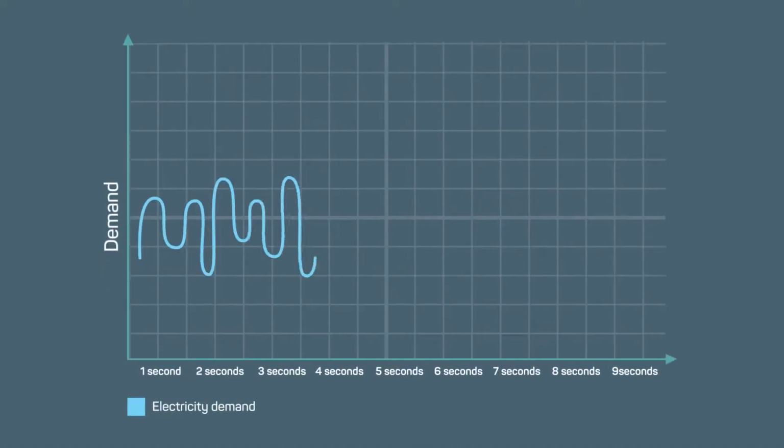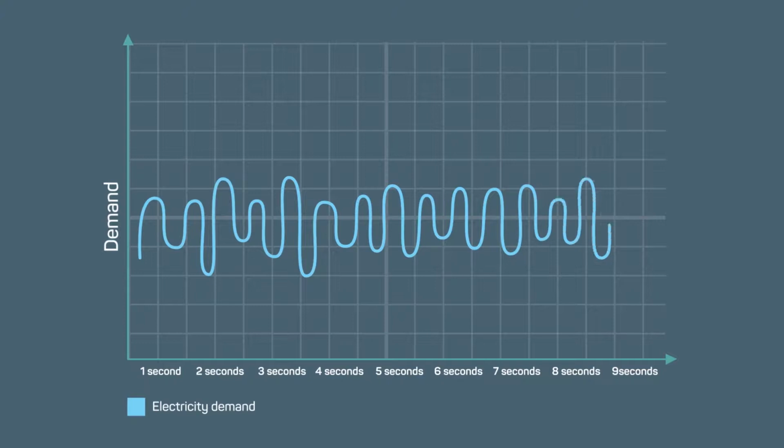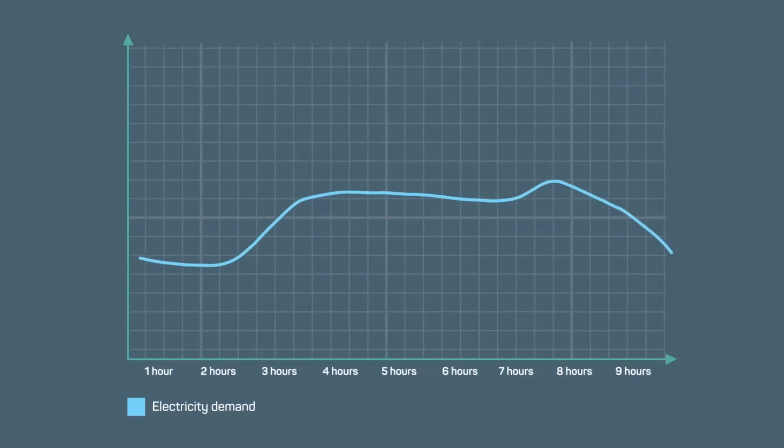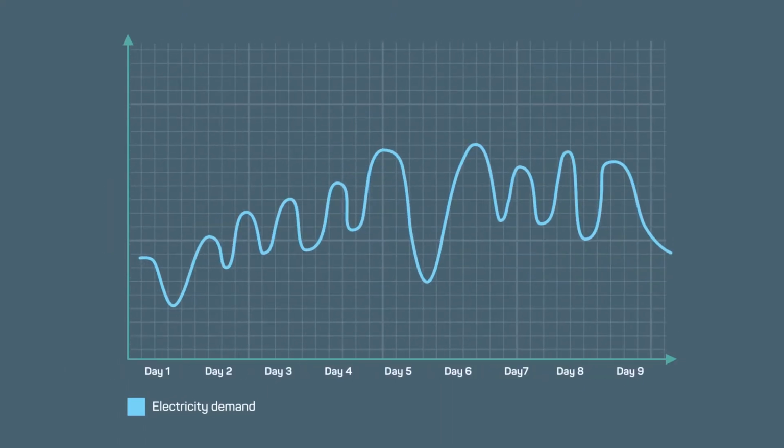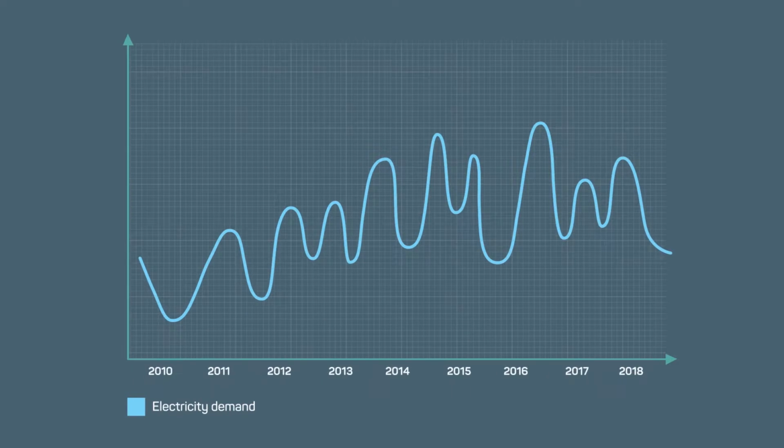Demand for electricity varies over time, and these changes happen across different timescales. At the sub-second level, from second to second, hour to hour, day to day, seasonally and from year to year.